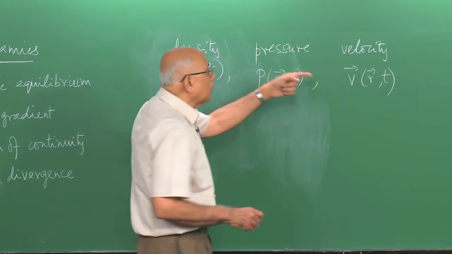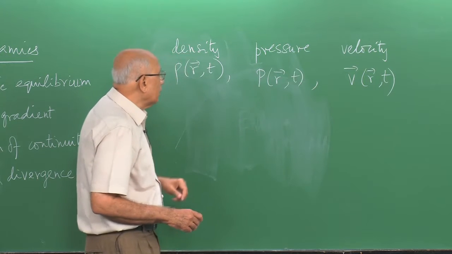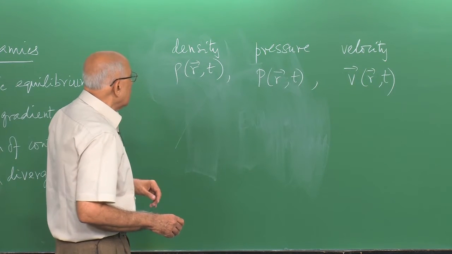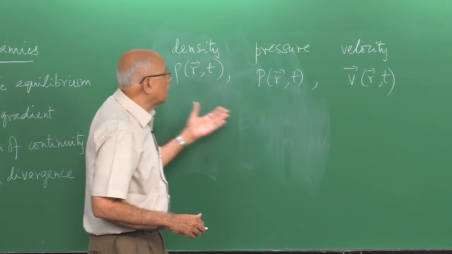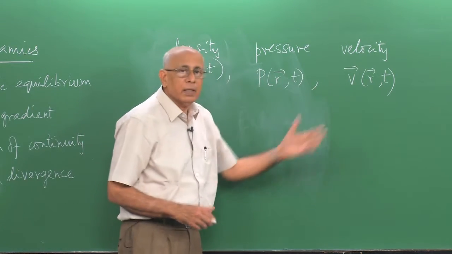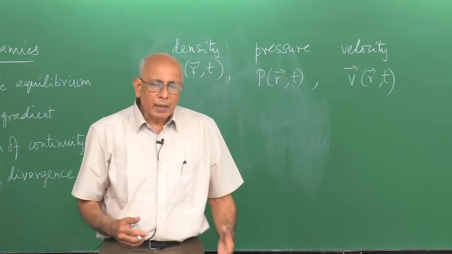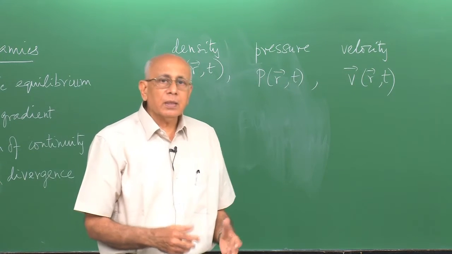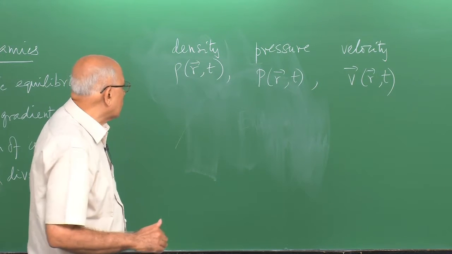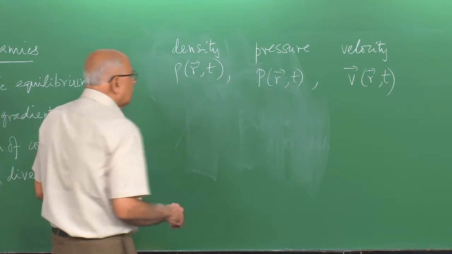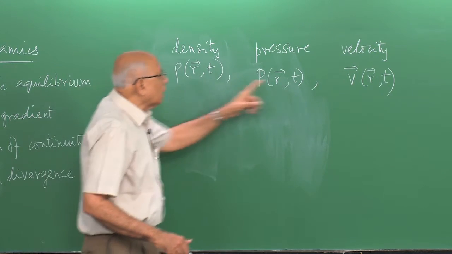So these are the dynamical variables in the system to describe a fluid, and what we need to find is all these quantities given certain inputs, which would be like conservation of matter, conservation of momentum, the equation of motion of a fluid element, and so on. So we will do that systematically, but these are the unknowns.